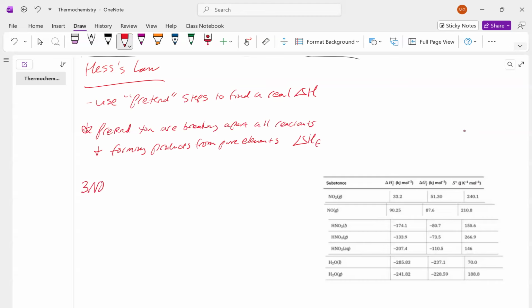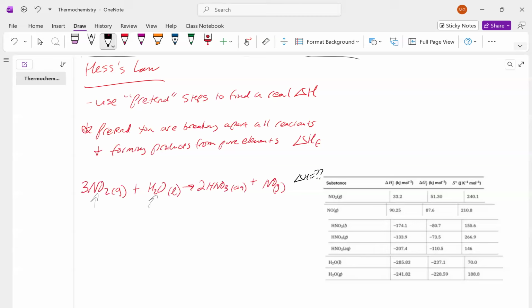So here is a balanced equation. We're going to react nitrogen dioxide with water to form nitric acid and nitrogen monoxide. And our goal is to find the delta H of this reaction. Now, what Hess's law allows us to do is say, okay, we're going to break up NO2 into its elements.